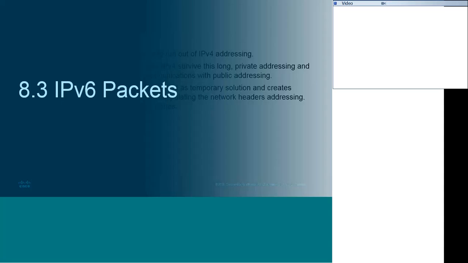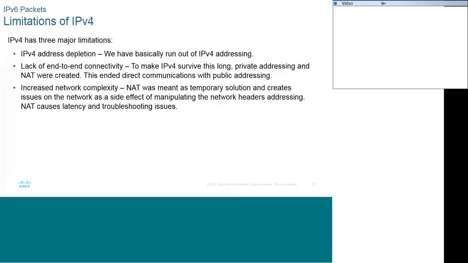Now we have the IP version 6 packet. There are many reasons for improving the IP address from version 4 to version 6, because there are some limitations in IP version 4. IP version 4 has 3 major limitations. One of the most important is IP address depletion.